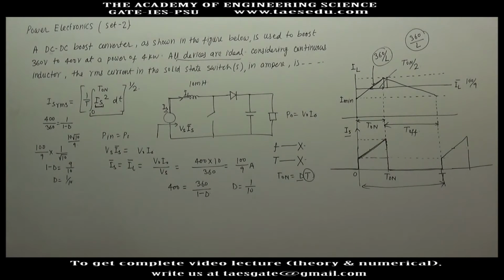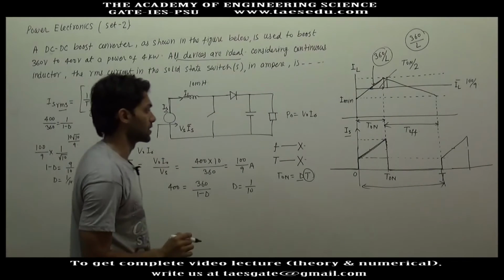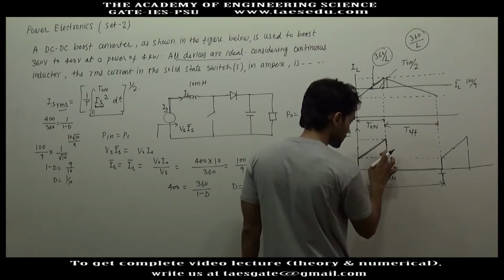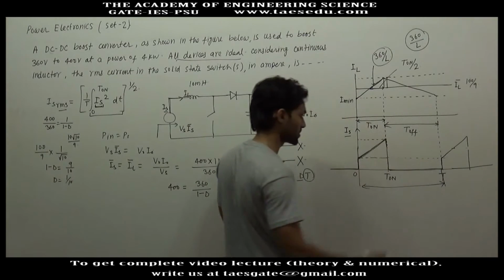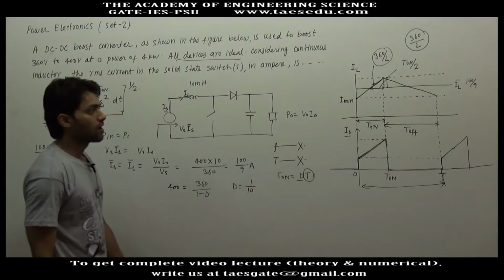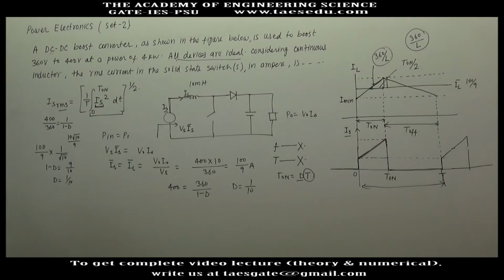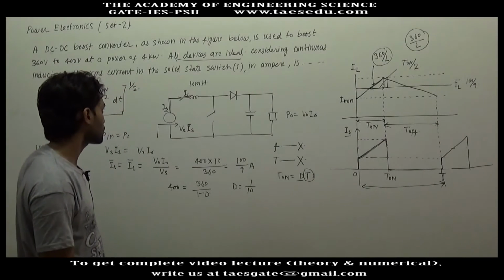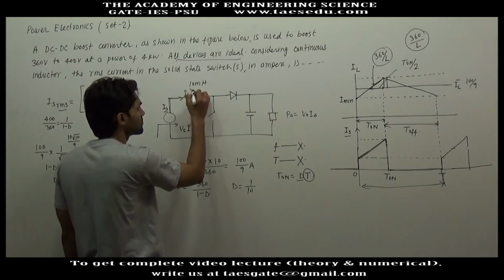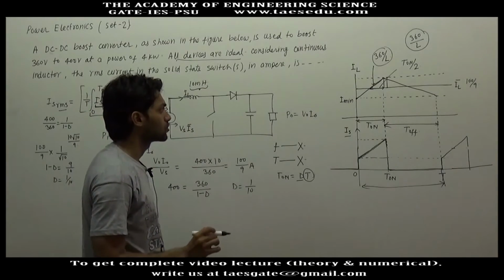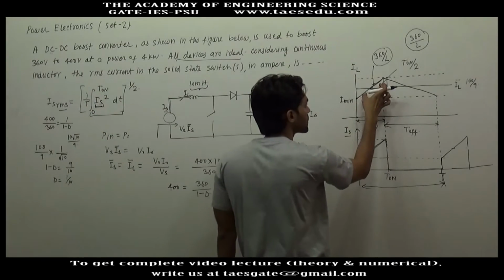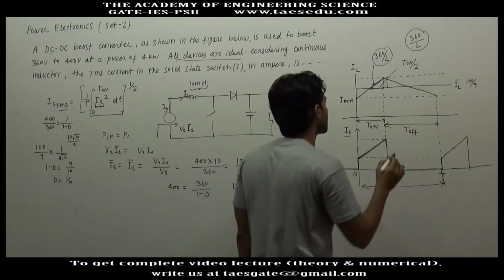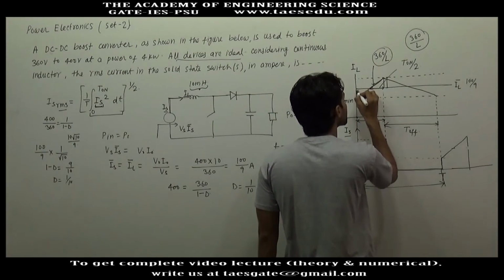But still we have to find out the RMS value of switch current. If we assume some approximation, we can approximately find it. What approximation am I going to use? Since the inductance is very large, the variation in the inductor current will be very small. Let's say this is the inductor current, and this variation is not very large.